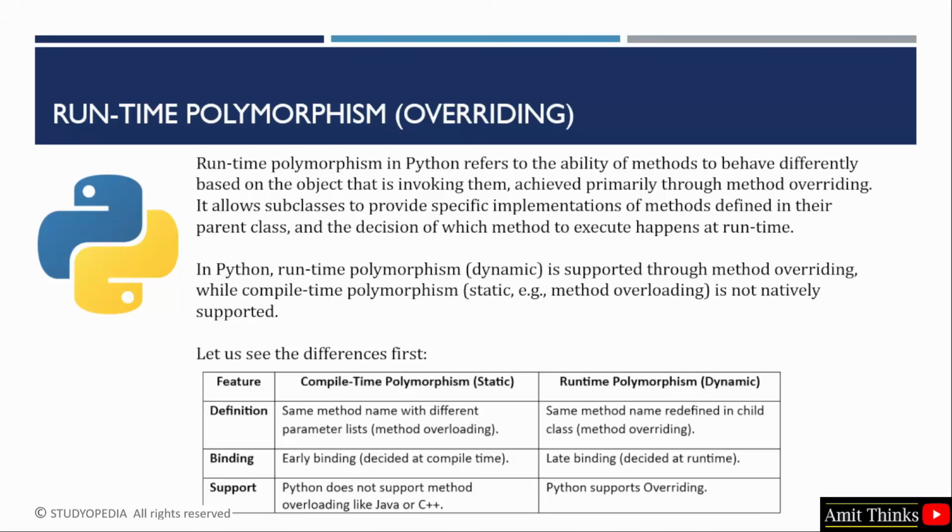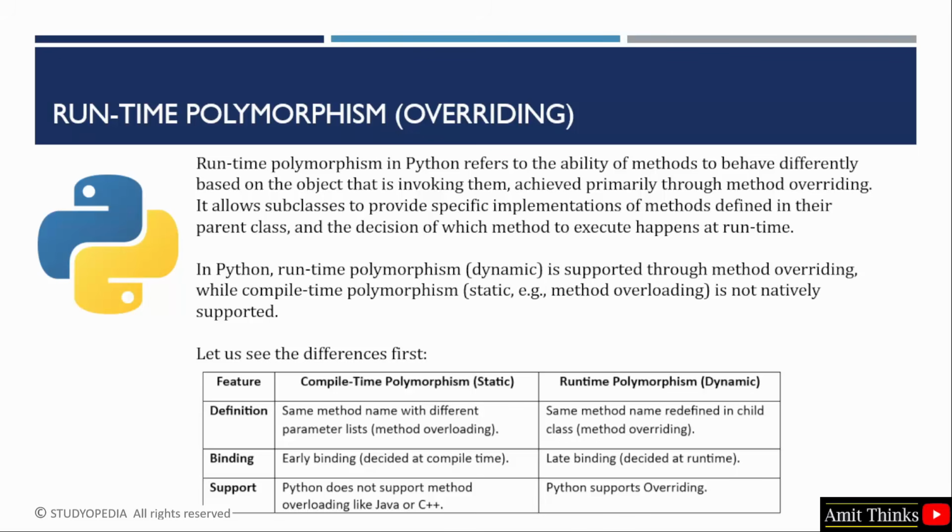It is called late binding because it is decided at runtime. Python supports overriding, it also allows a subclass to provide specific implementations of methods defined in its parent class. So here is the difference between compile time and runtime. Compile time is called static, as well as runtime is called dynamic.